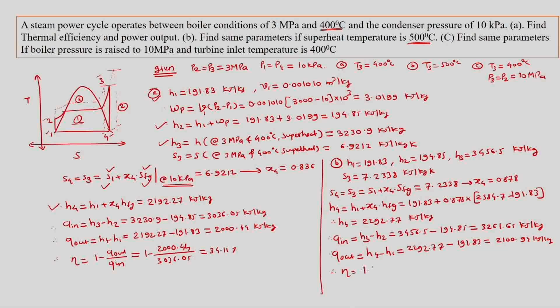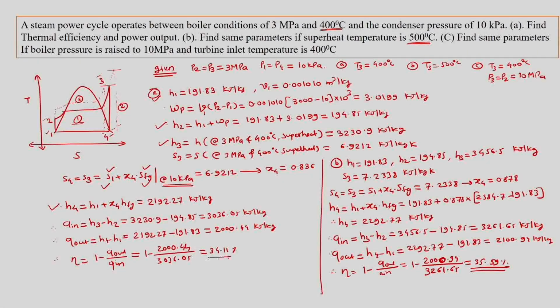So efficiency is equal to 1 minus Q out upon Q in, 1 minus 2100.94 divided by Q in, 3261.65, and this gives us efficiency as 35.59%.